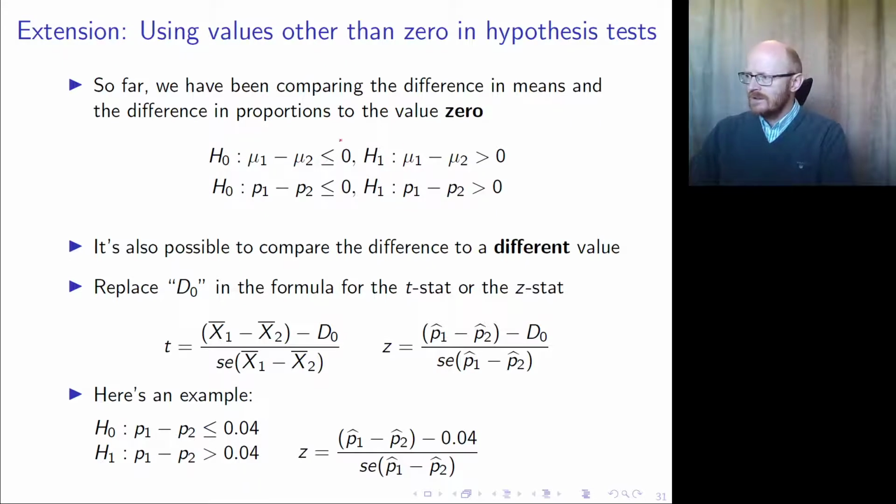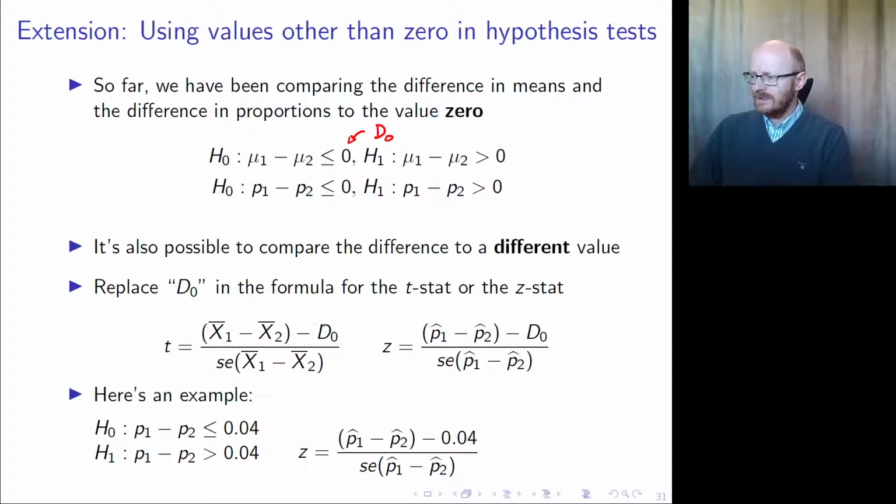Okay, so for example, here the cutoff value d naught is 0. So this is what we have used so far. But if we replace d naught with a different value, then we can actually use that value in our test. And it's super easy.